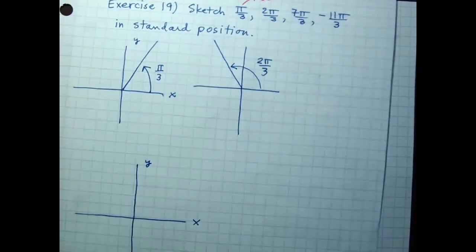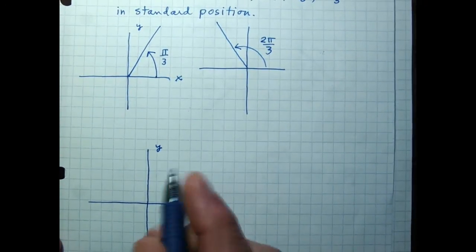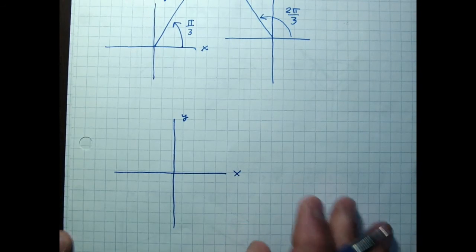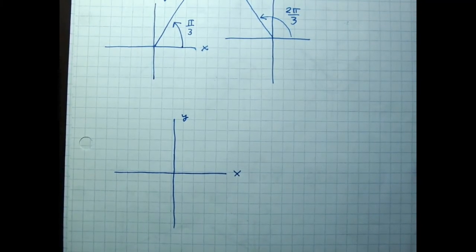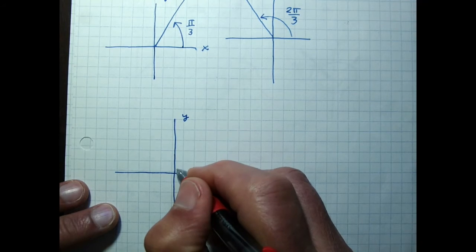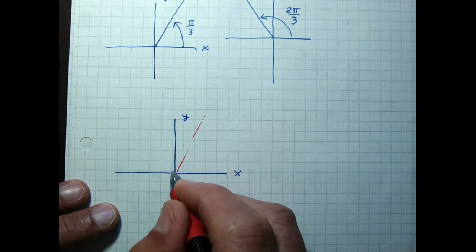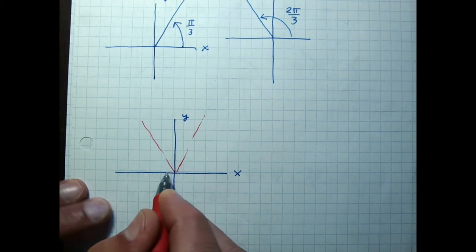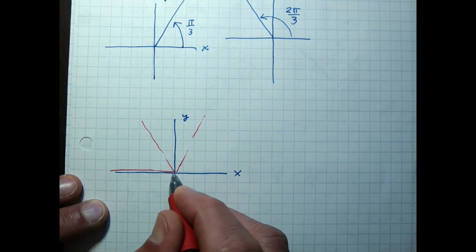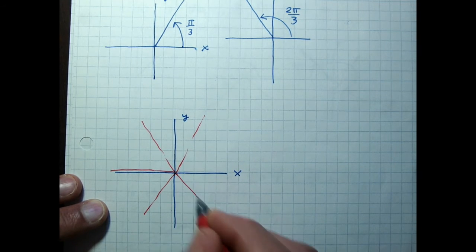Seven pi over 3, I'm going to try to count multiples of pi over 3. If I put lines to help me, I would just put one line here, and then notice we land on the x-axis, but we don't land on the y.